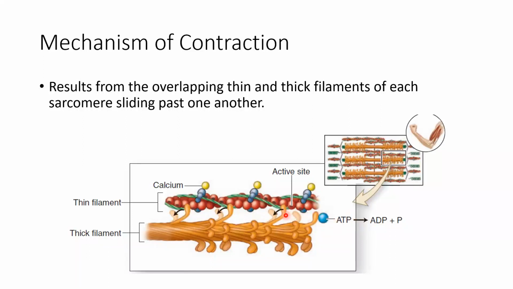Then for the contraction, you need ATP. So ATP also comes and binds to these heads, and then it stimulates this head to contract or to bend forward like this. Right? So when it bends forward, the ATP is broken and released as ADP and a phosphate group. And this active filament moves this way, increasing the overlap. Right?